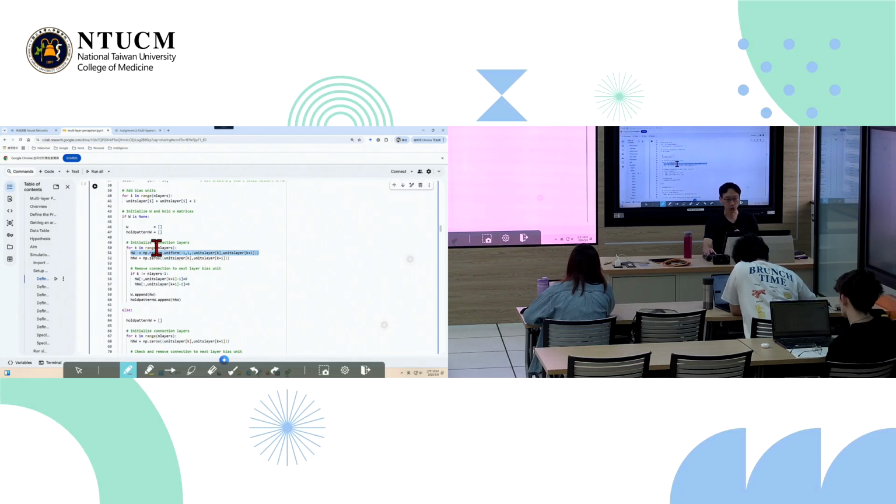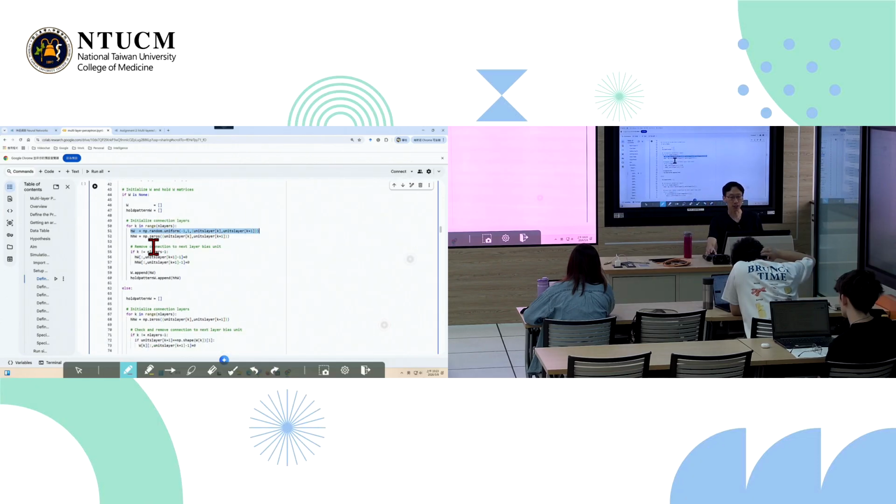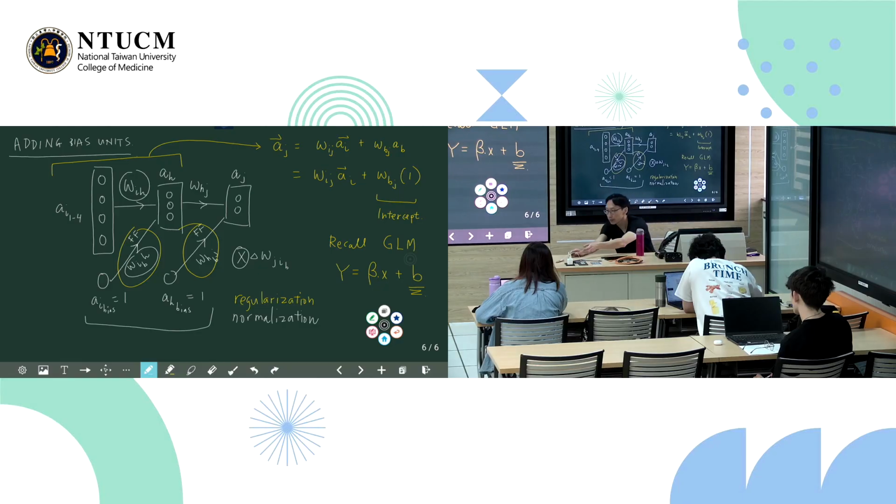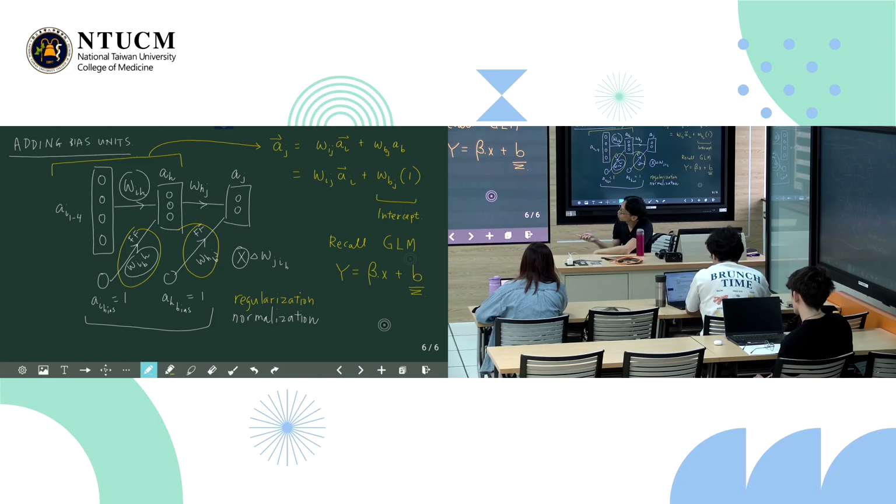So, and I do this for each layer, okay? And then I remove the connection to the next layer bias unit. Okay, so here, I have the bias unit connects to the next layer.